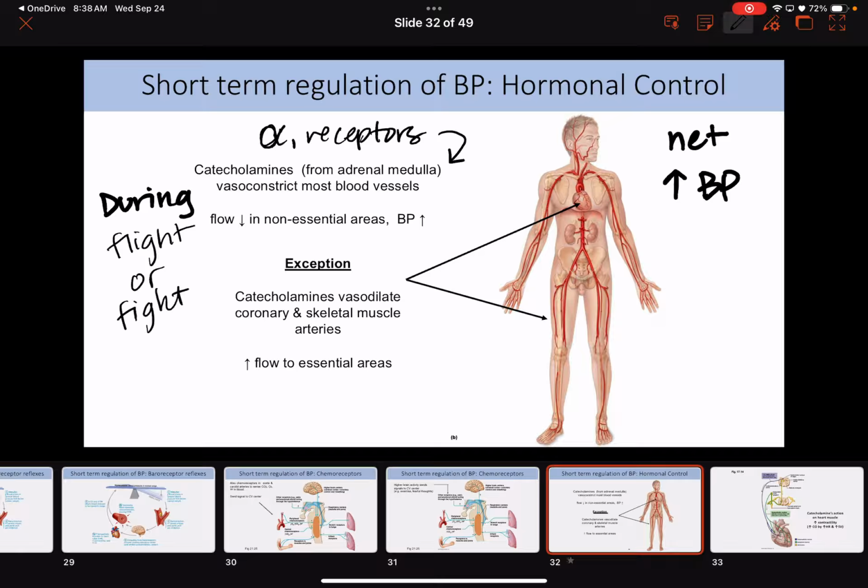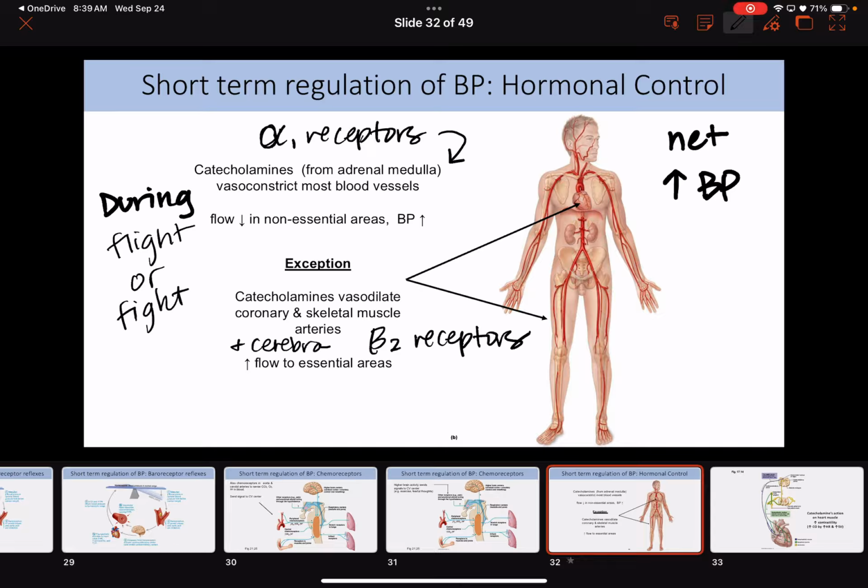And then we're going to be using beta-2 receptors to dilate the vessels in these other areas. So during sympathetic activation, we increase flow to essential areas like your coronary arteries, your skeletal muscle arteries, and also cerebral.